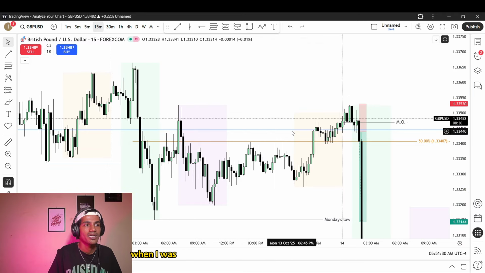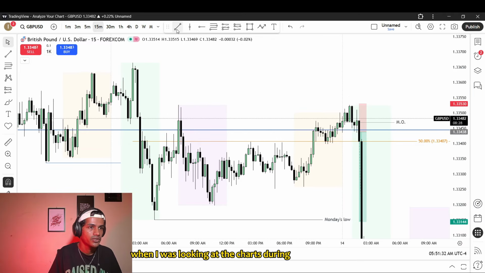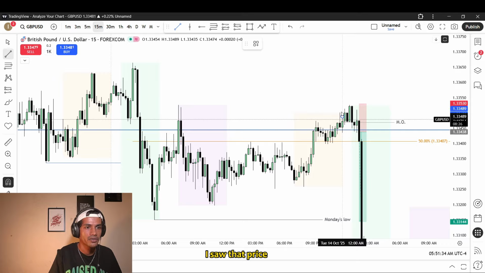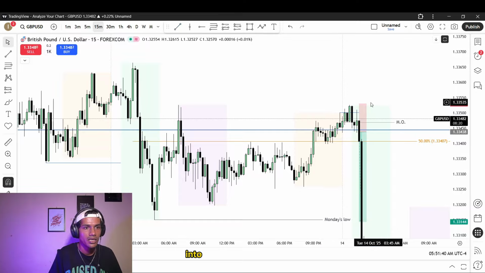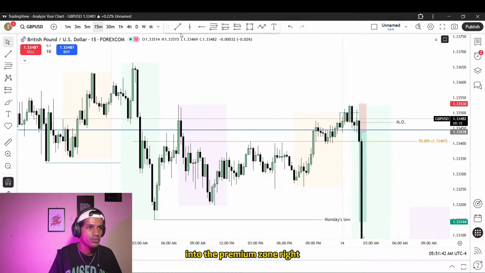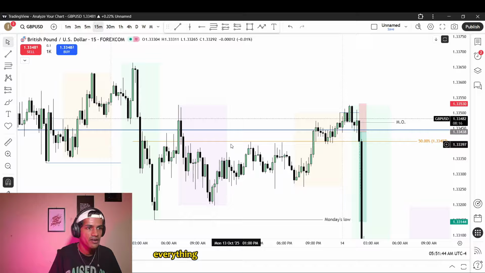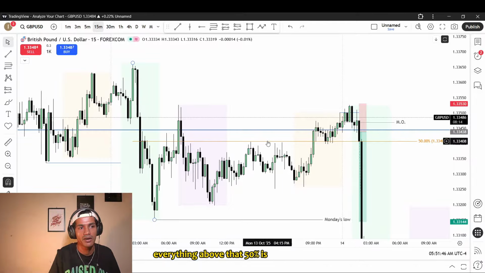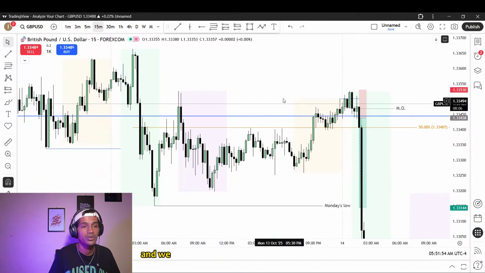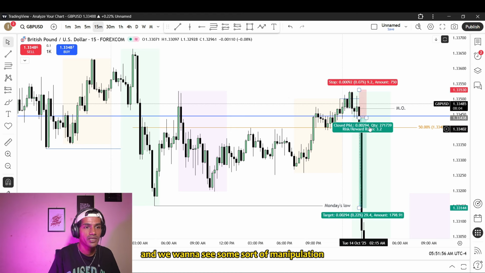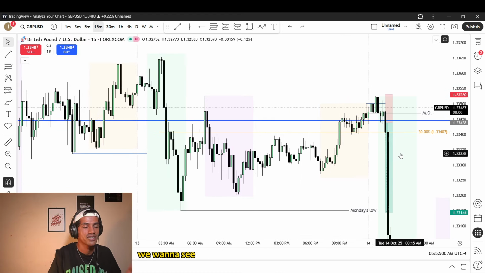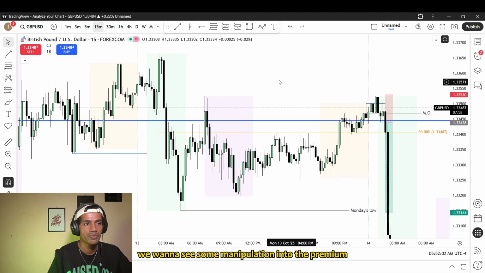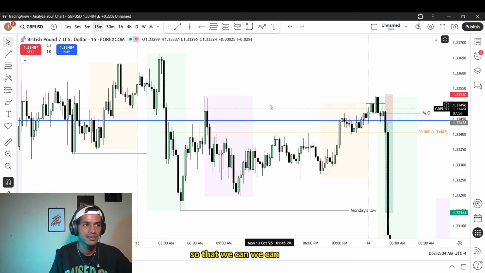So when I was looking at the charts during London session, I saw that price swept the Asian session high and was working into the premium zone, right? Everything above that 50% is premium for us, and we want to see some sort of manipulation if we are looking for lower prices, right? We want to see some manipulation into the premium so that we can sell.